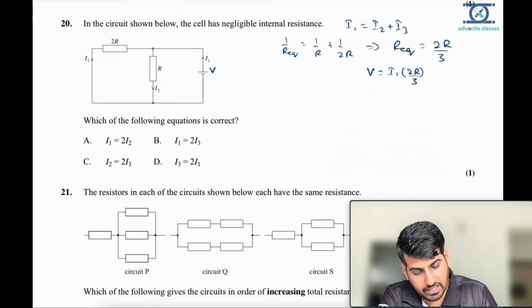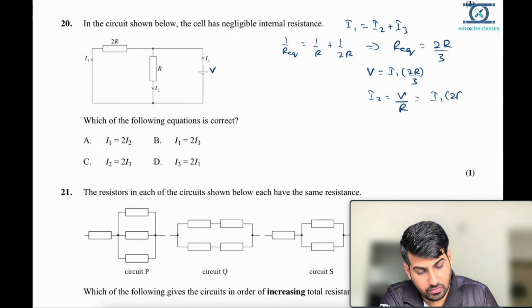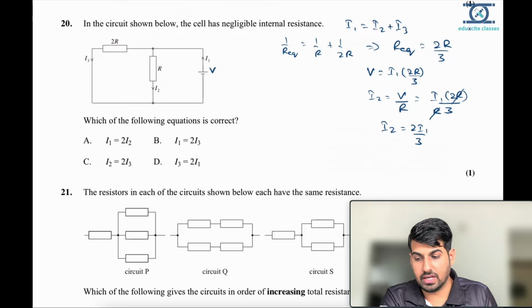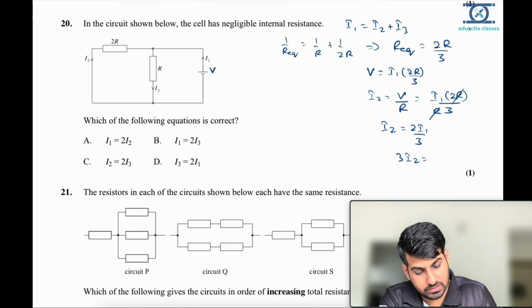So I can say I2 will be V by R. So V is I1 into 2R by 3, divided by R. So R and R get cancelled. So I2 is 2I1 by 3. So we get a relation, or you can say 3I2 is equal to 2I1.